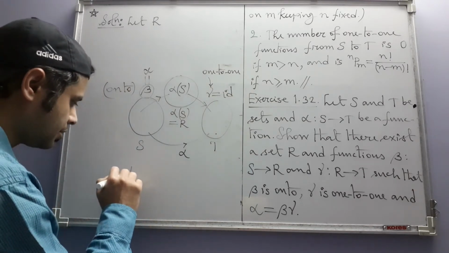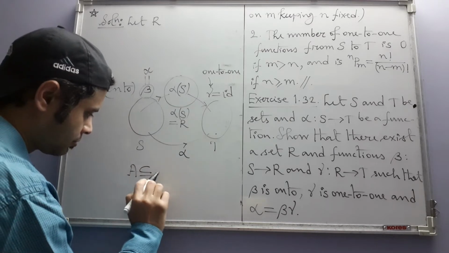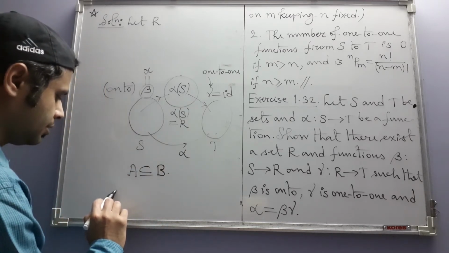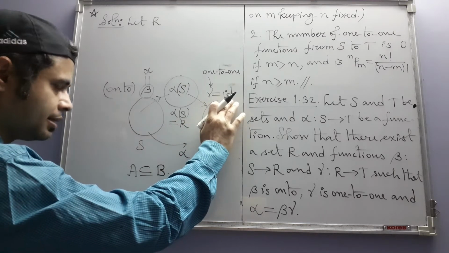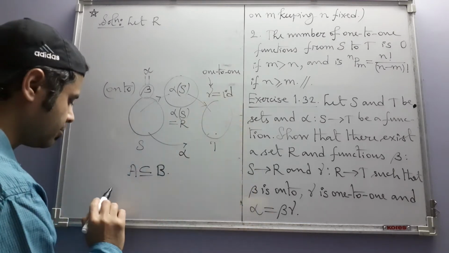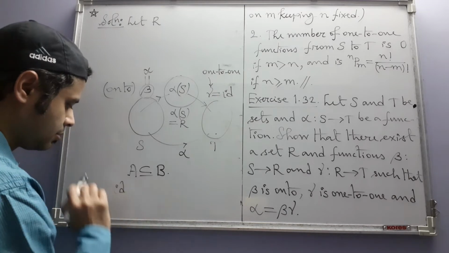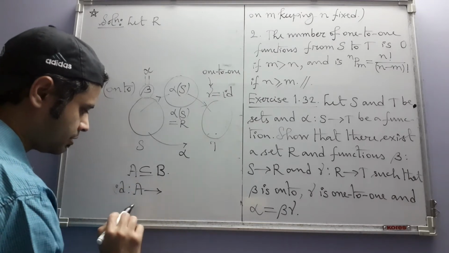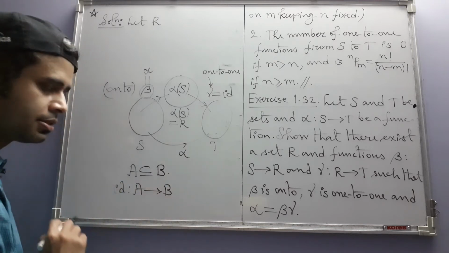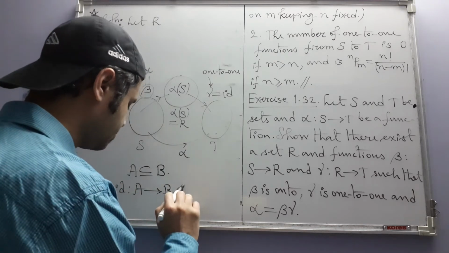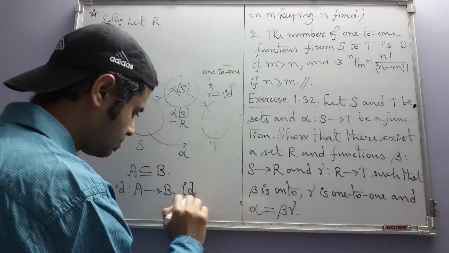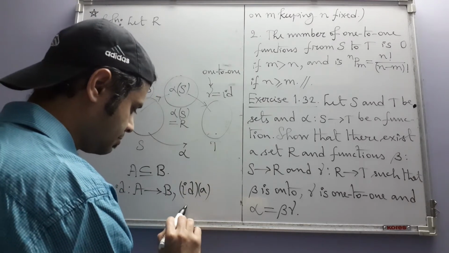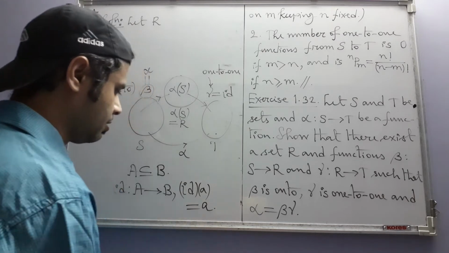If you have a subset A of B, then the inclusion function, I am writing ID here, which denotes identity, but it's actually inclusion, from A to B is the function which maps every element of A onto itself.